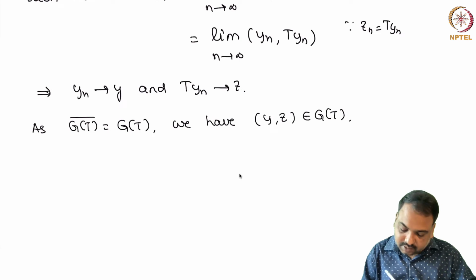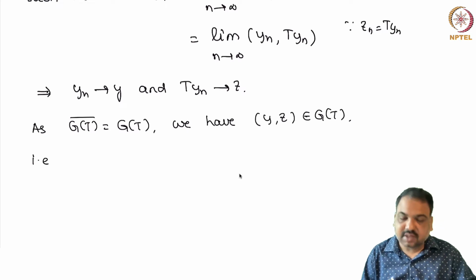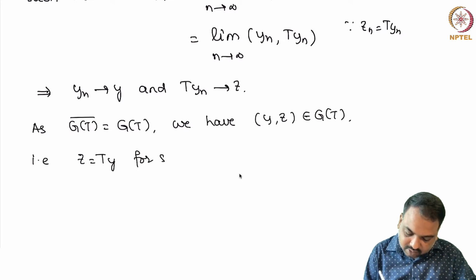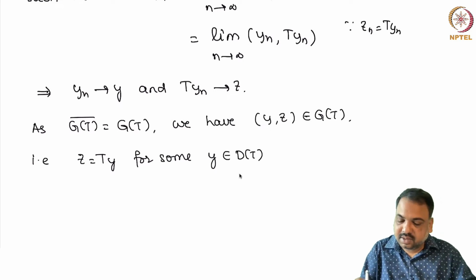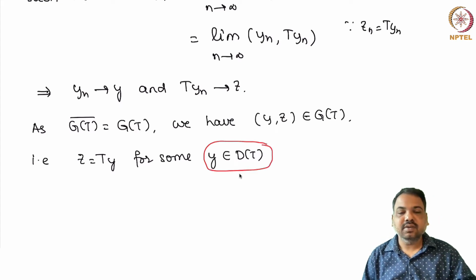So this implies that z is of the form Ty, so z equals Ty for some y that has to come from the domain of T. That means automatically we are concluding that this y is in the domain of T and z is nothing but Ty.